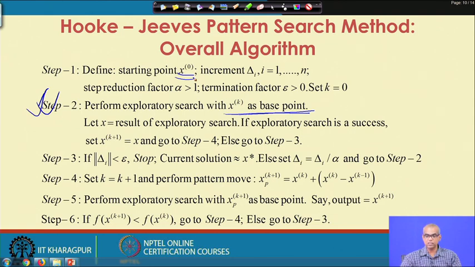If the exploratory search is a success, we take the value of x at the k plus 1 iteration as the current value of x, and go to step 4, where you perform the pattern move.